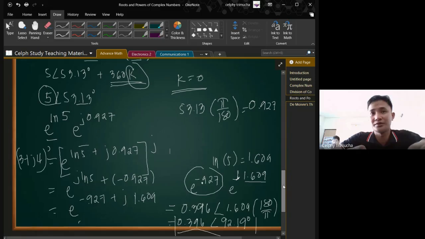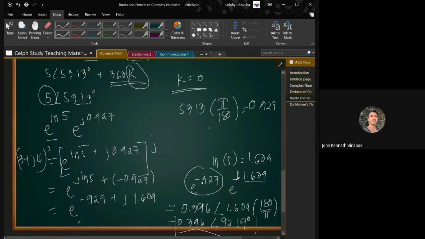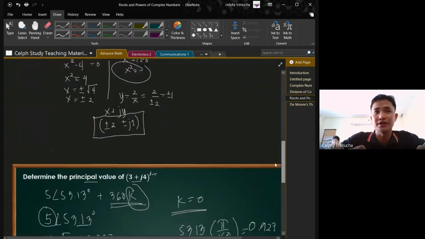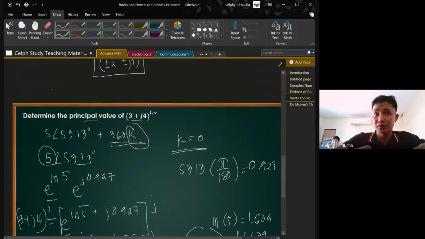Let me repeat the process. In finding the principal values of complex numbers, first convert the base into polar form. Since it is a principal value, there should be plus 360k, but k is equal to 0.